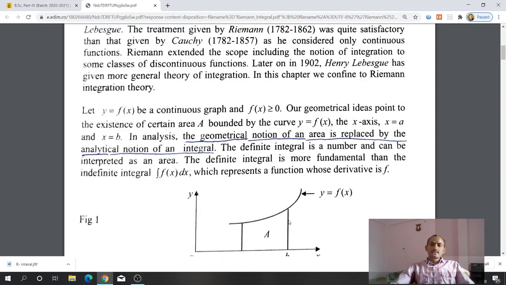Friends, the area under y equals f of x and the x-axis is called capital A, which is the area between this curve and the x-axis.